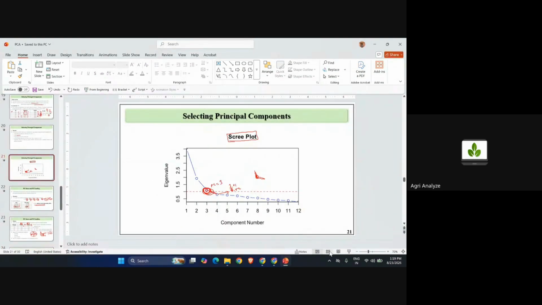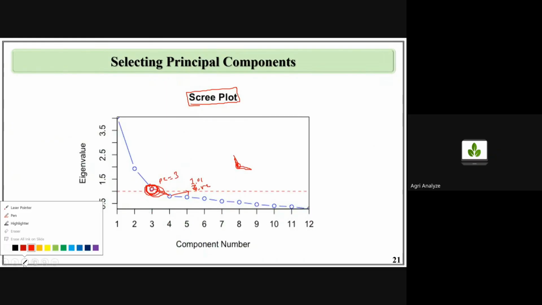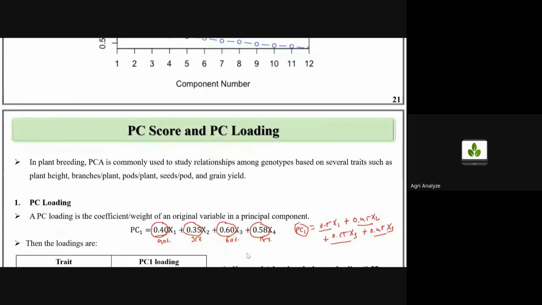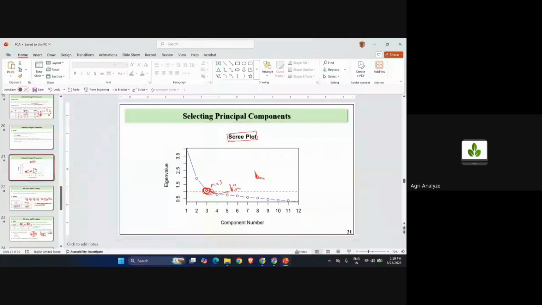In the scree plot, sometimes it may be due to some data.